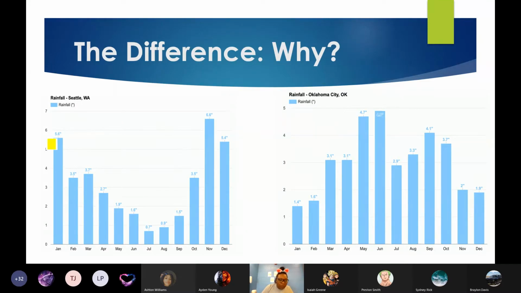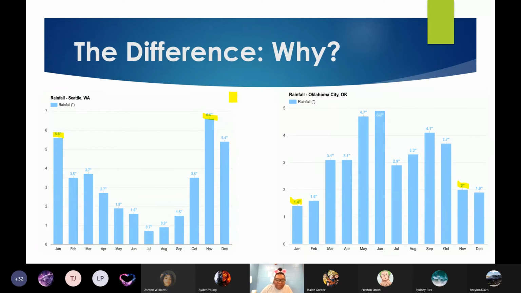Let's look. In January, Seattle got 5.6 inches, but Oklahoma City, in that continental polar area, only got 1.4. In November, they got 6.6 inches, but Oklahoma City only got 2 inches of rain.